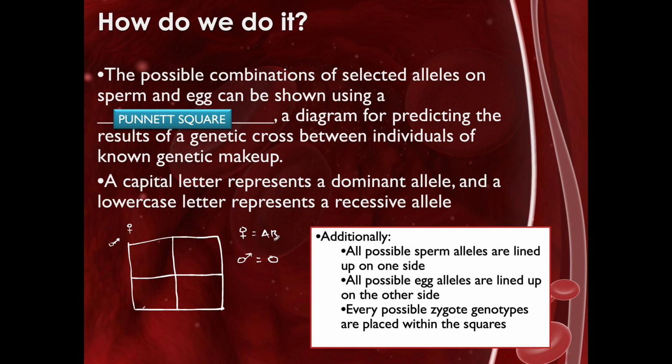If mom has the genotype AB, that means she has IA and IB as the 2 alleles that code for her blood. Meanwhile, dad has blood type O, which means he has 2 lowercase i's.